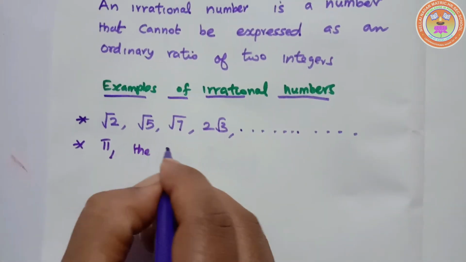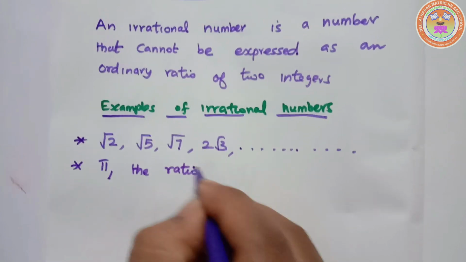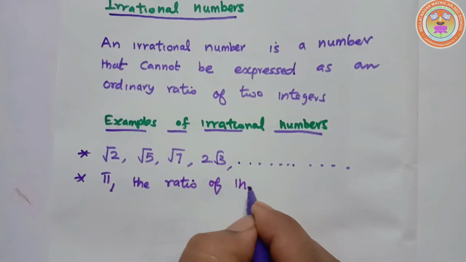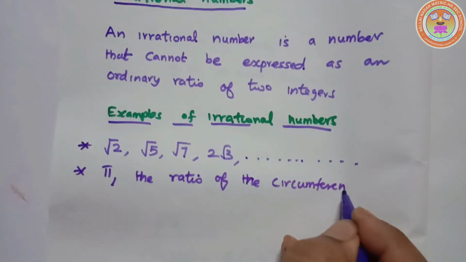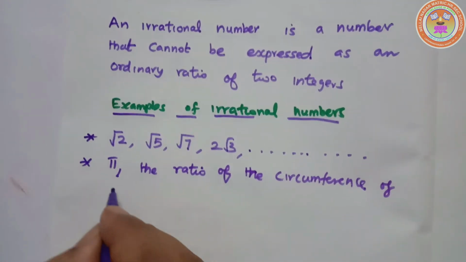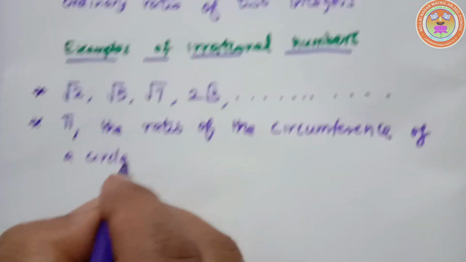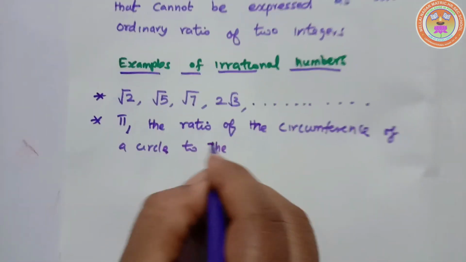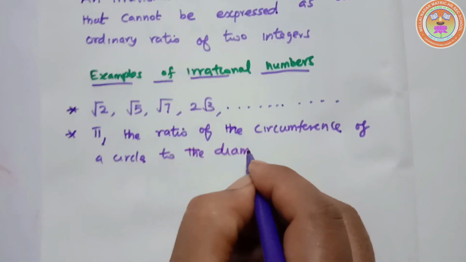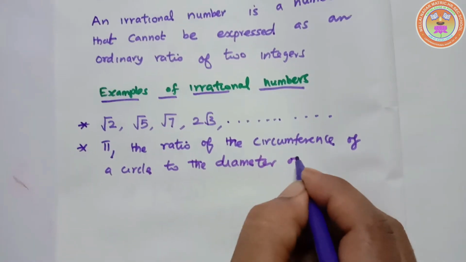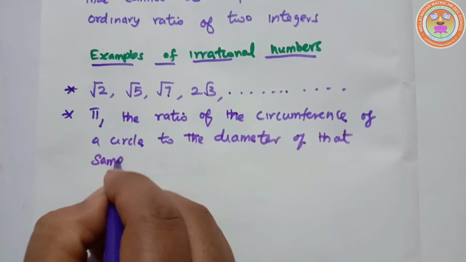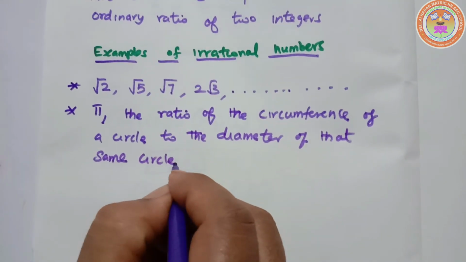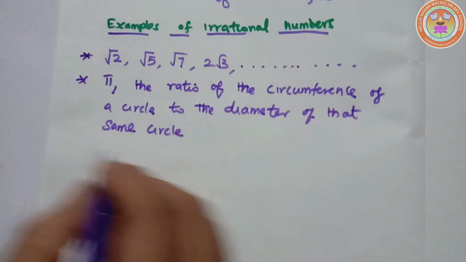The ratio of the circumference of a circle to the diameter of that same circle is another example of an irrational number.